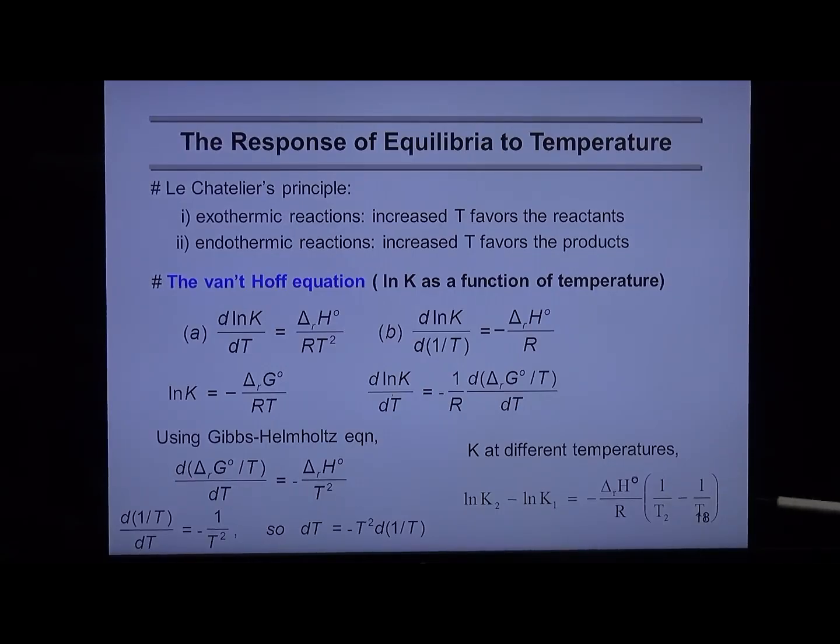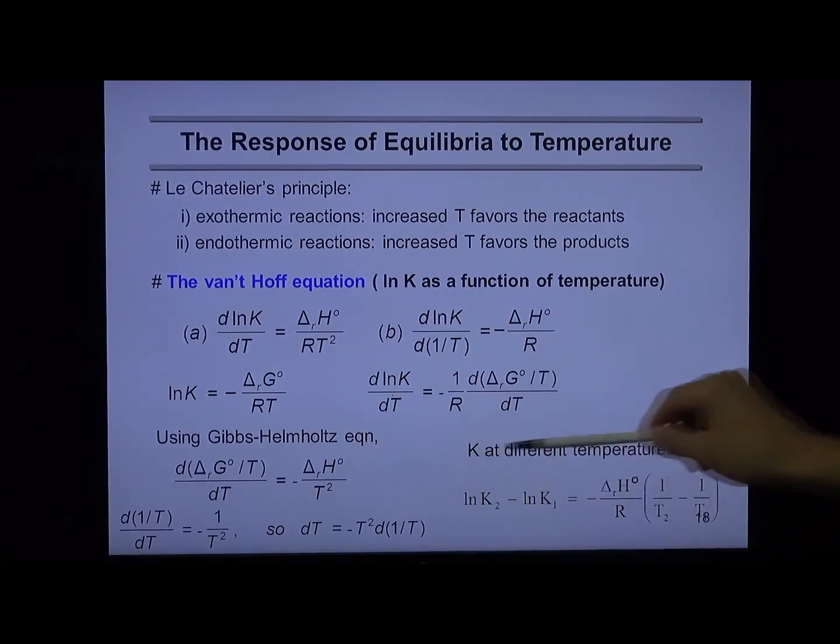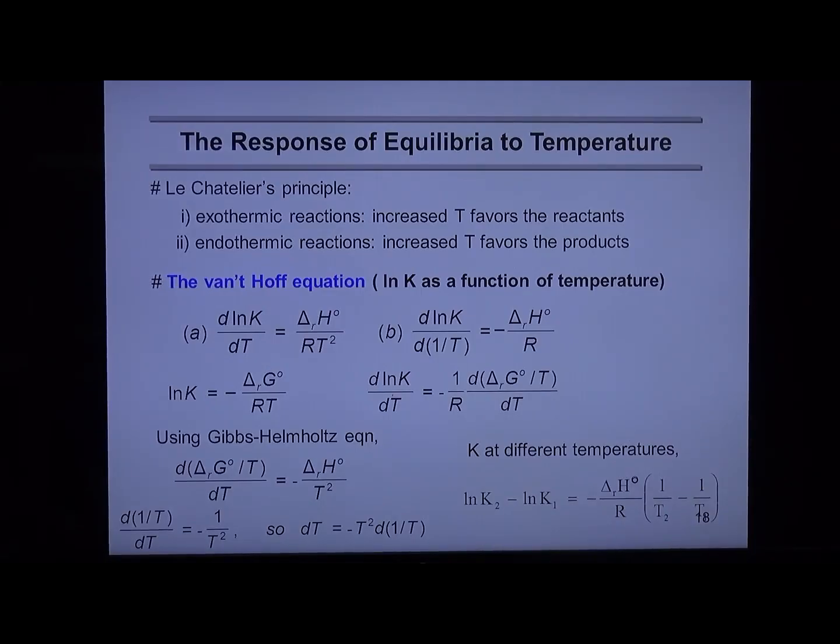This means that if you have information about the equilibrium constant at one temperature, you can determine the equilibrium constant at another temperature. If temperature changes, the equilibrium constant changes, and we can determine how much it changes using this equation. It's also a very important equation.